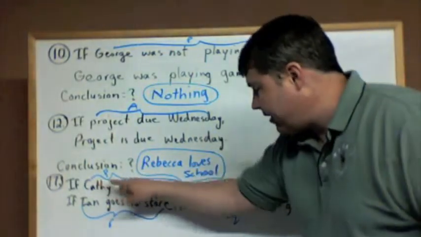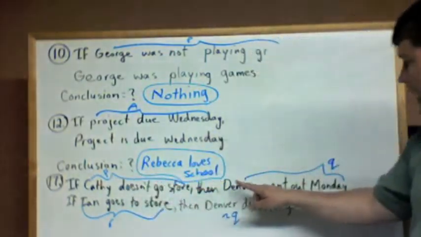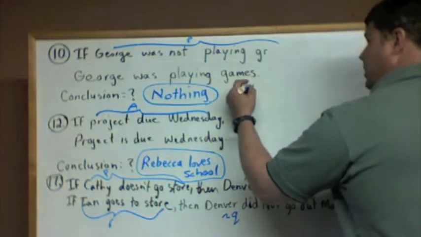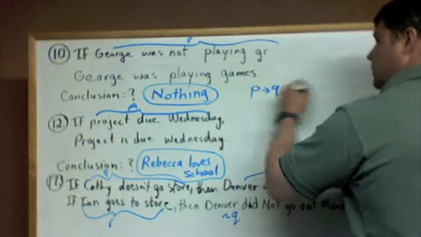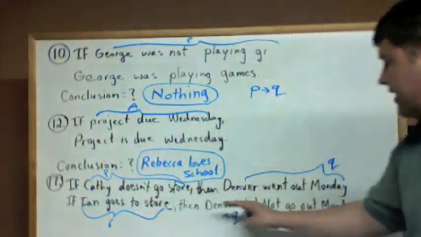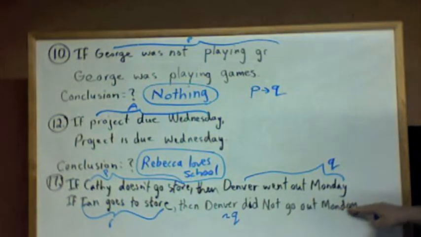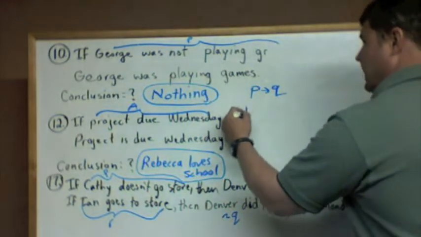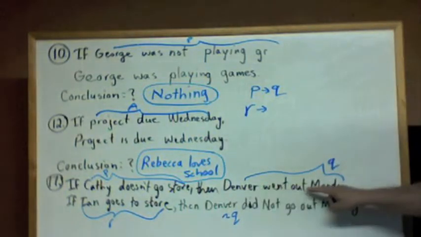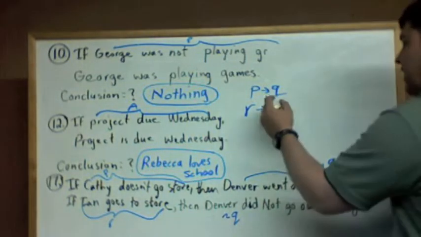If Kathy doesn't go to the store, that's P. Denver went out Monday night, that's Q. So we have P implies Q to begin with. If Ian goes to the store, that's R. Then Denver did not go out Monday. That's R implies, and that's just the opposite of he did go out Monday night, so that's not Q.